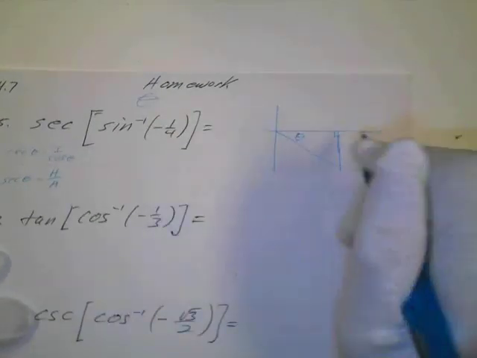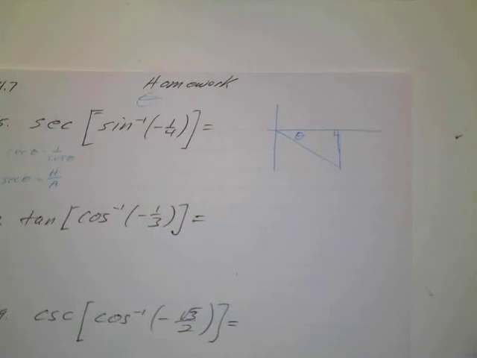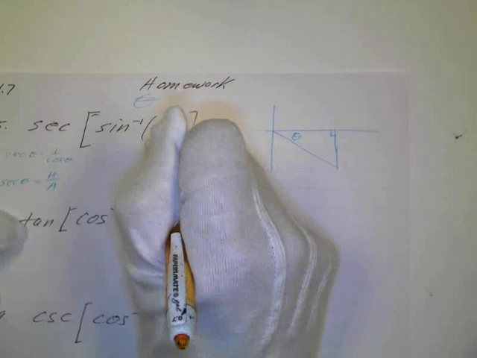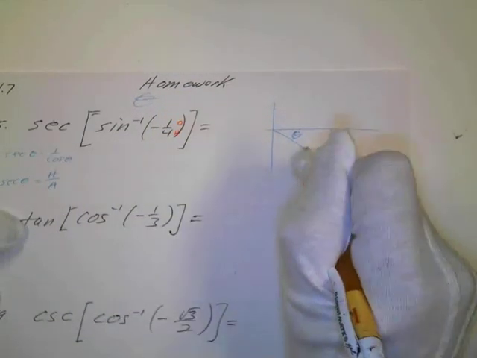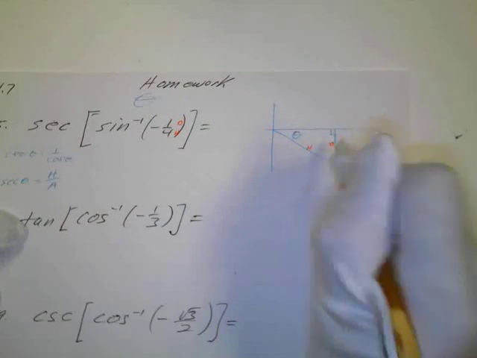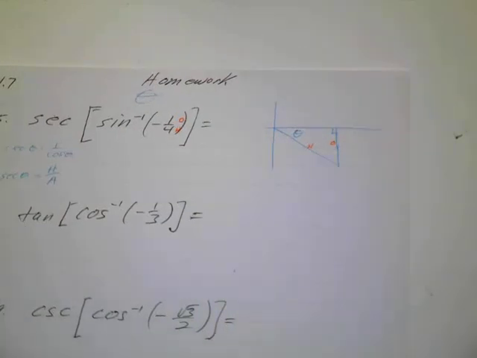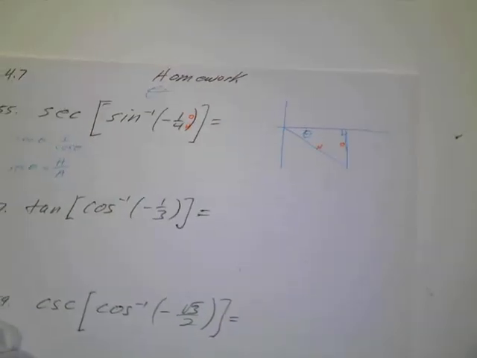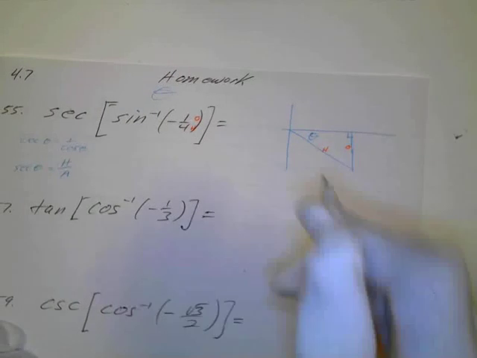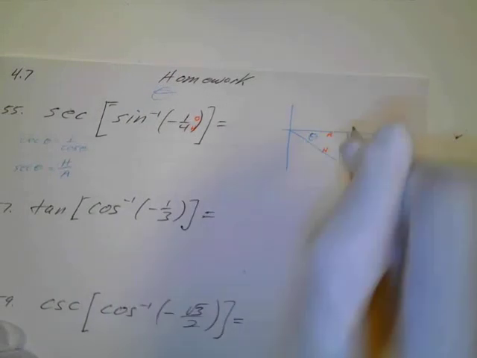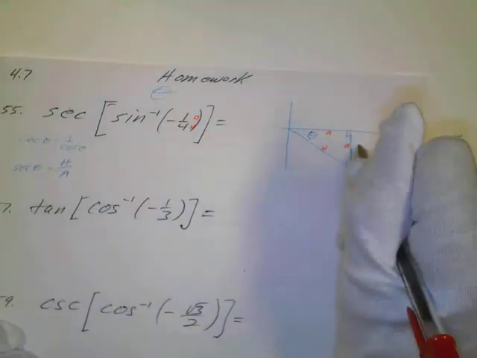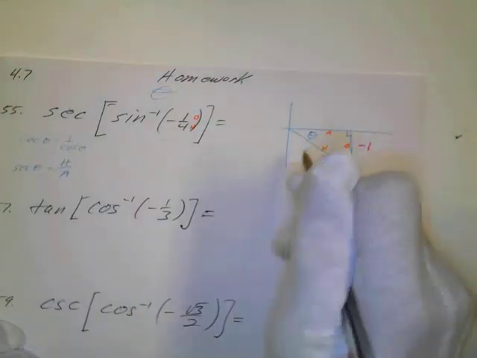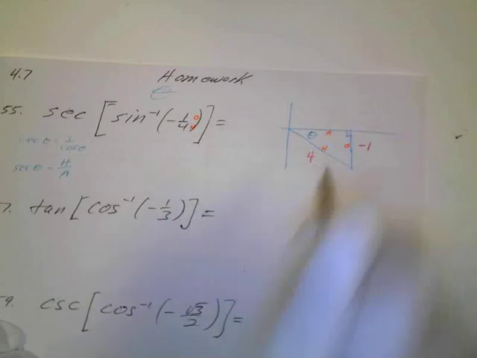So it's negative 1 over 4. Remember, the sine is the what? The opposite over the hypotenuse. So this is the opposite, and this is the hypotenuse. And this is the adjacent, of course. And the opposite is going to be negative 1 over the hypotenuse, which is 4.